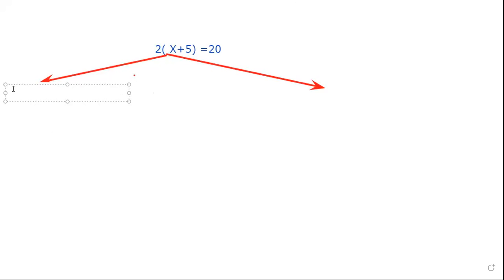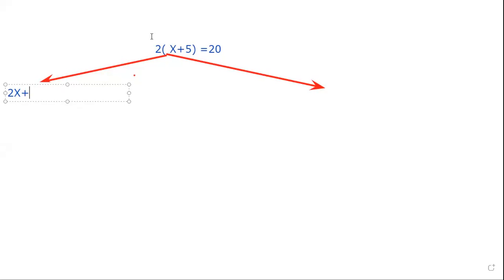Once you distribute 2 over the parentheses, it will be 2x plus what, grade 7? You have 2 before the parentheses. No, it's not 5, because you will multiply 2 times x and then 2 times 5.